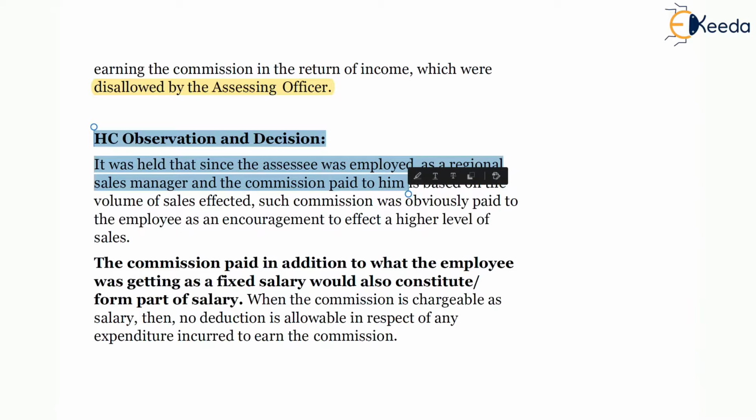So first of all, what you can analyze in this case is the commission income, under which head the same should be subject to tax, whether it will be taxed under the head income from salary or whether the same can be held as taxable as a business income of the SSC.